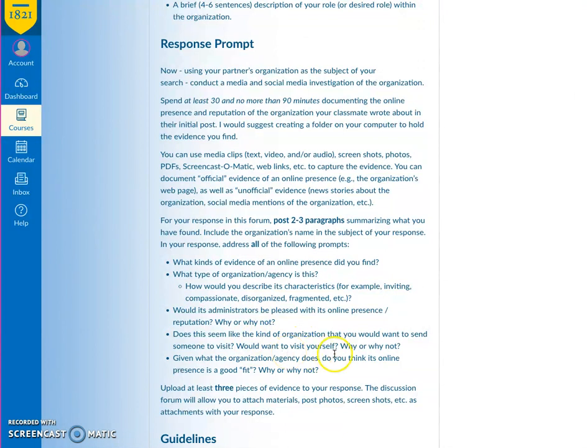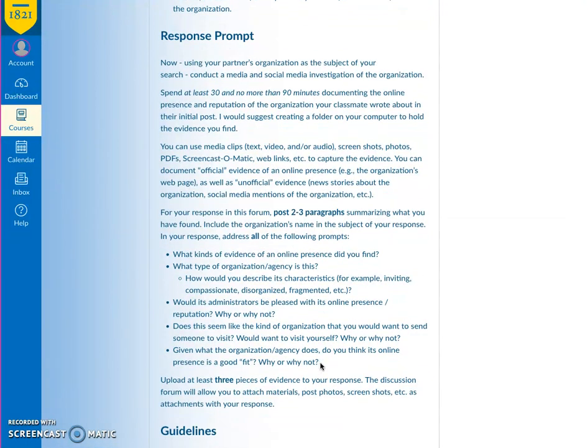Would you want to visit this yourself? Why and why not? So go through all of these prompts and answer the questions that are in these prompts for your response post, along with posting the 3 pieces of evidence.